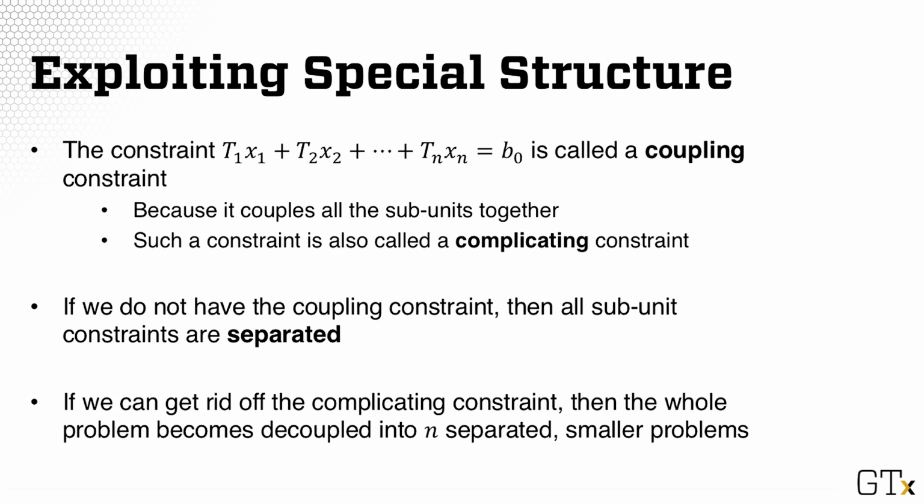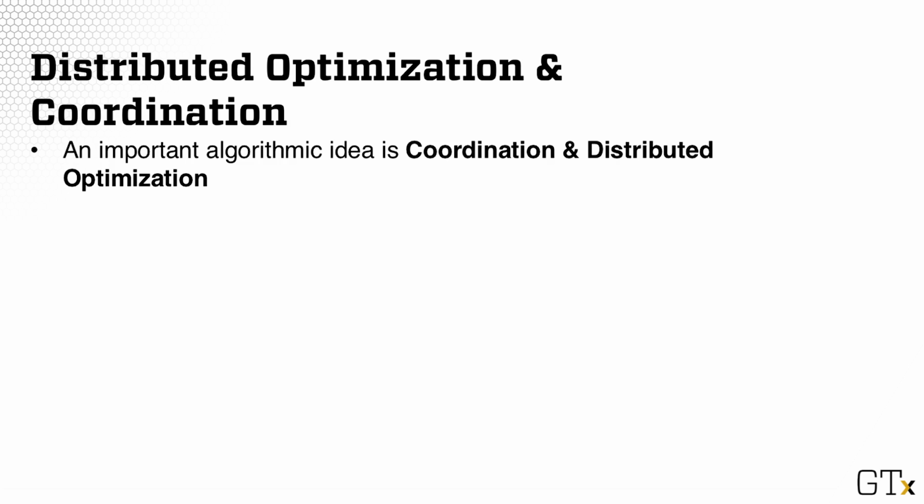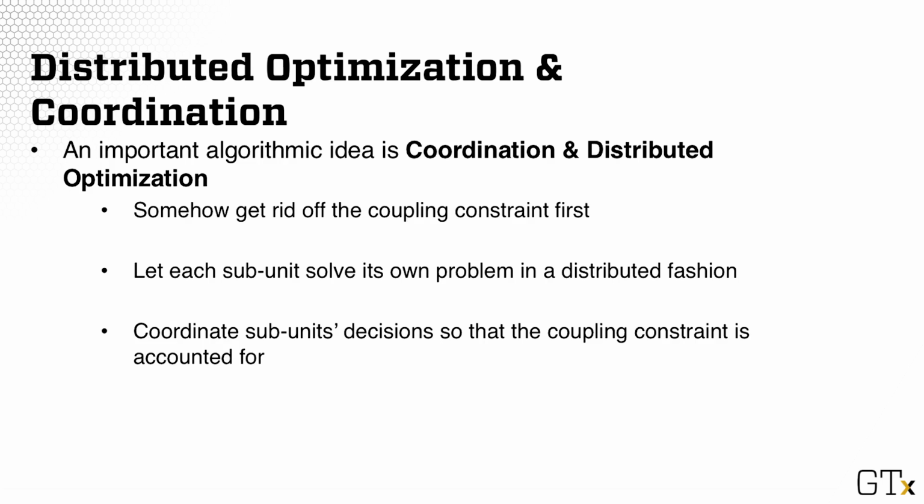This is due to the special structure of the problem, and it leads to a very important algorithmic idea called distributed optimization and coordination. We still want to solve the large-scale problem involving n small units and the coupling constraint, but the way to solve that is to somehow get rid of the coupling constraint first.